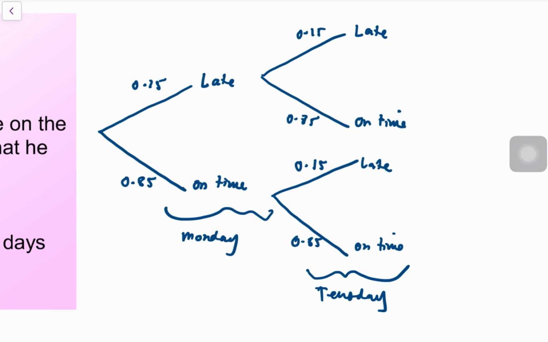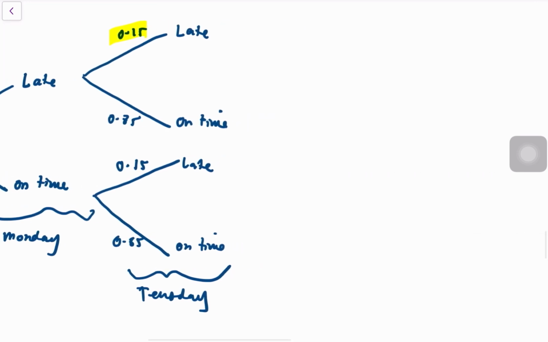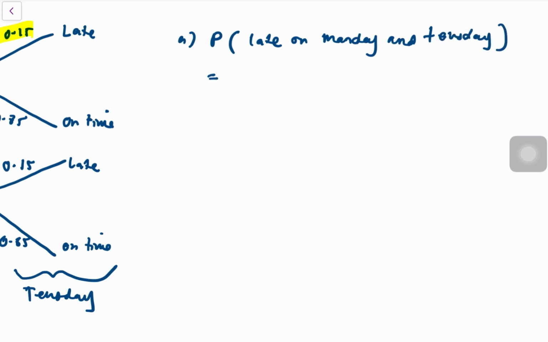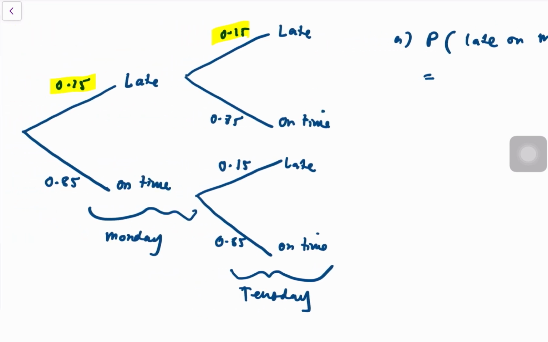Since the events between these 2 days are independent of each other, we should multiply these two values.